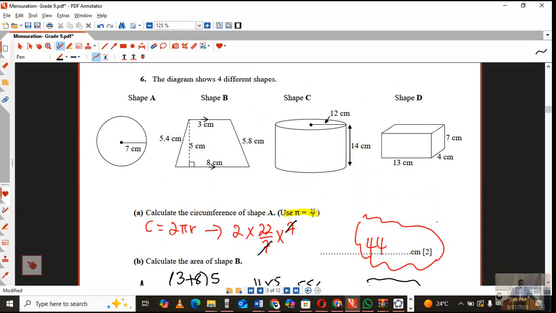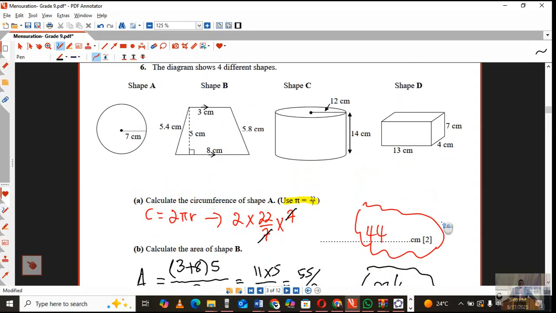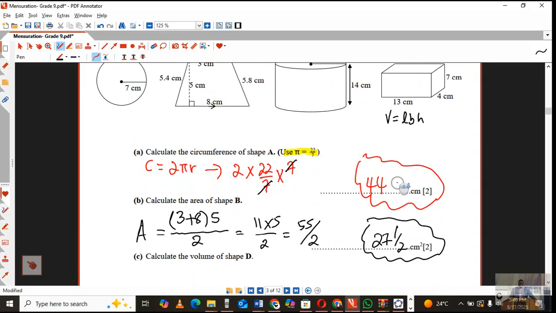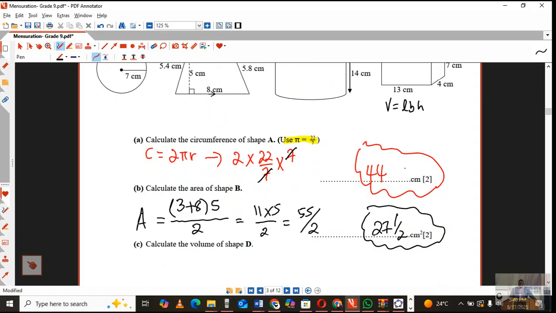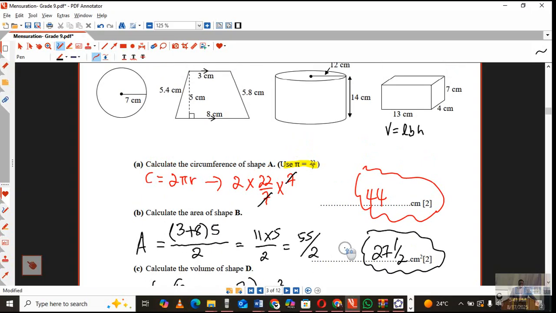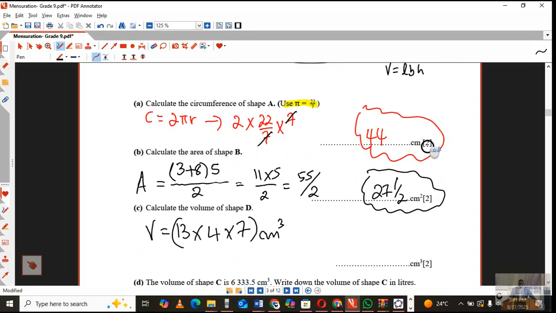Shape D. When you look at shape D, that is a cuboid. The volume is simply multiplying the dimensions of each other, length times breadth times height. So if you are asked to find the volume of shape D, you're going to multiply those dimensions. The volume is 13 centimeters times 4 centimeters times 7 centimeters. Of course, everything here would be cubed, so make sure that our measurements are as indicated.